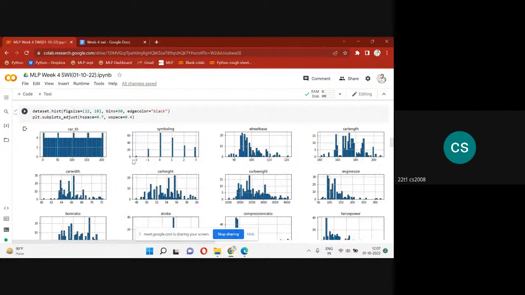Yeah, minus 3 is absent, right? Yeah, minus 3 is completely absent. Maybe 1 or 2 will be there, so that's why it is not visible in this graph. Most of the cars follow a kind of random normal distribution. Can we say that, or don't know? What would you say about this?